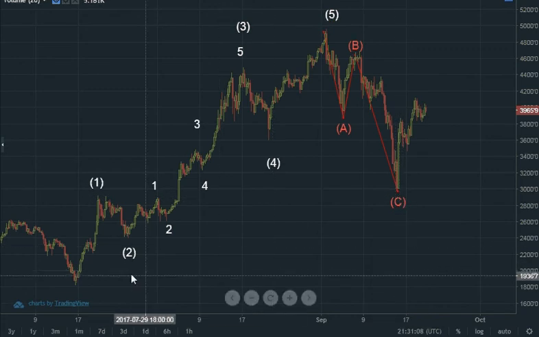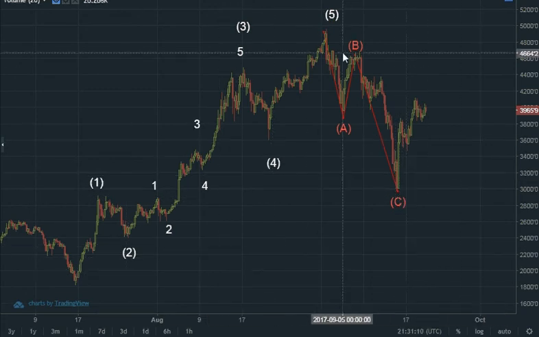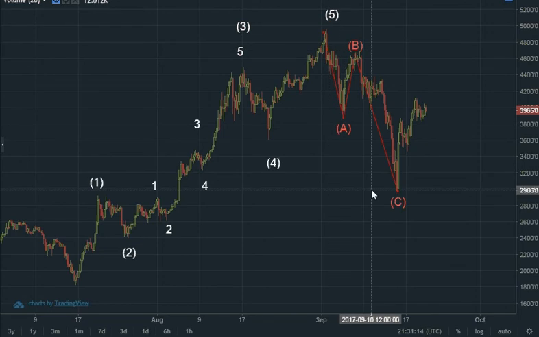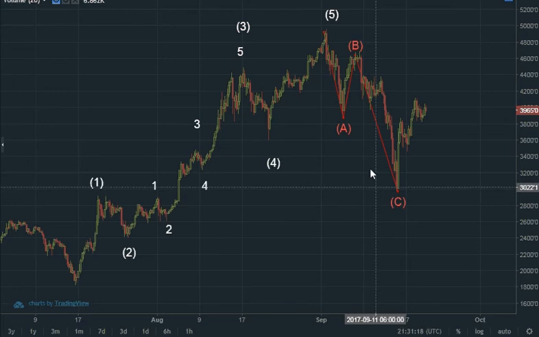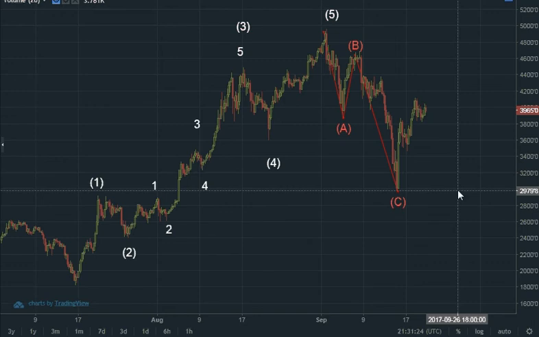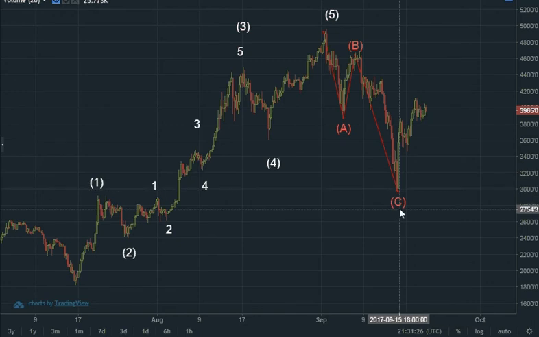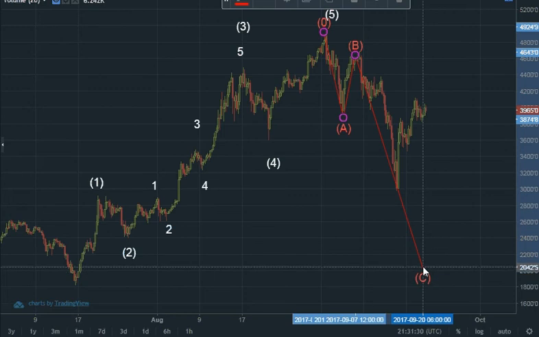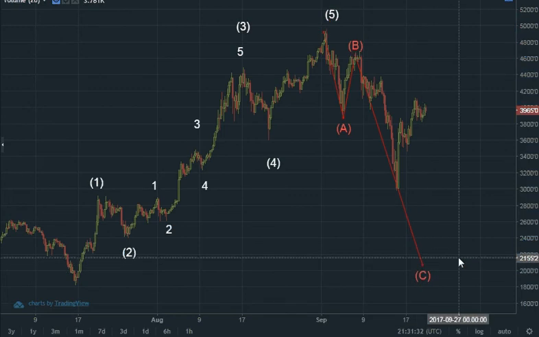Now, I had been saying that perhaps there are 2 stop or pause points for this correction. The first could be here at around 3,000. And the second could be here at around 2,000.